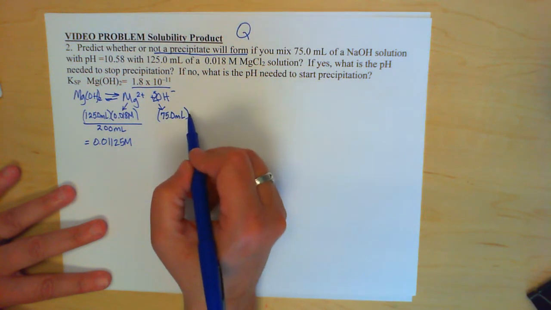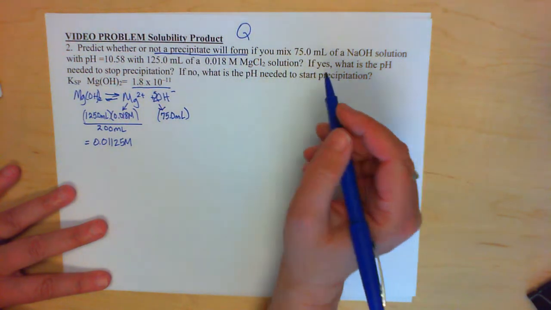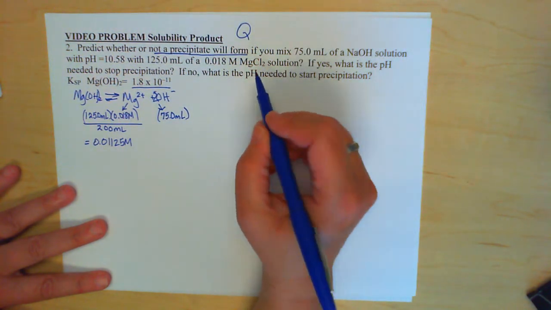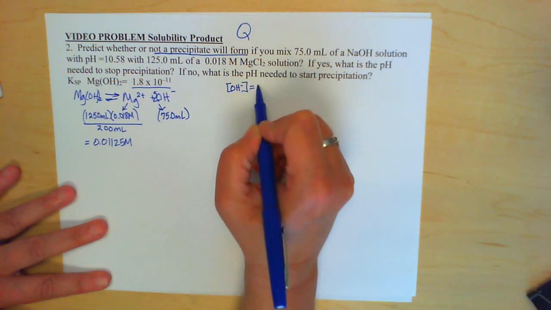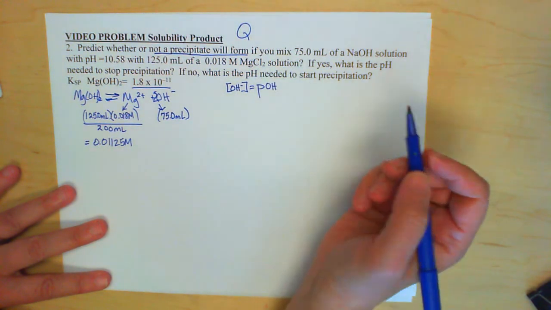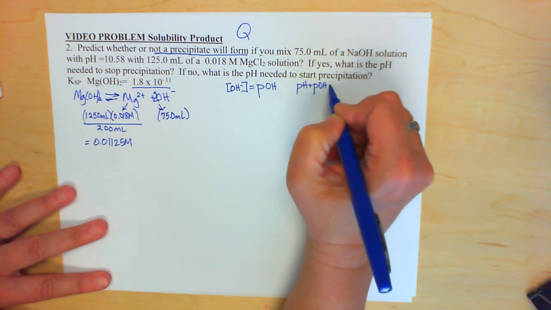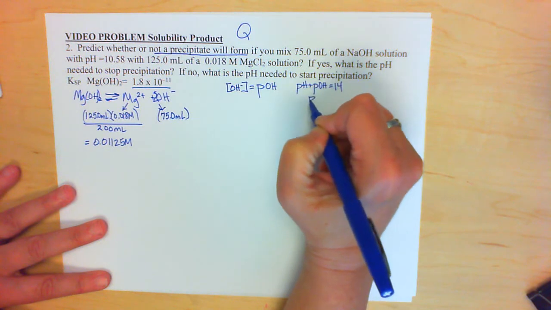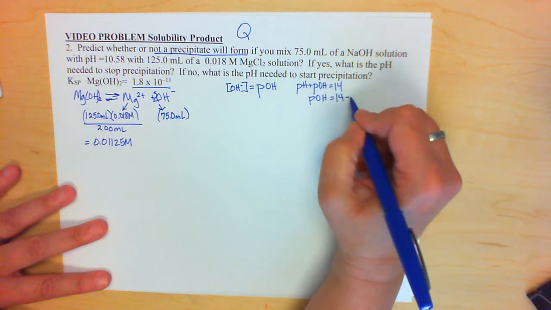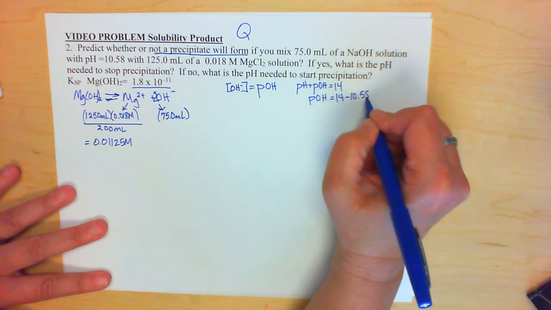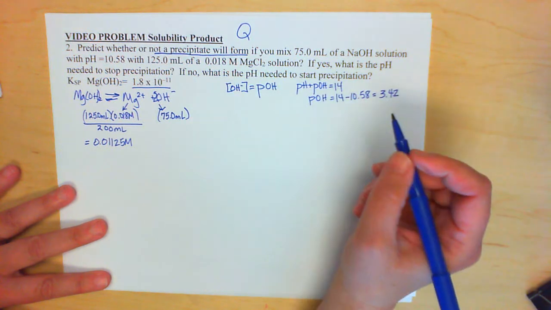I need a concentration. Oh wait, where do I get my concentration? My molar concentration is going to be related to, remember, the pOH. I know that pH plus pOH equals 14, so my pOH is going to be equal to 14 minus 10.58, which is equal to 3.42.